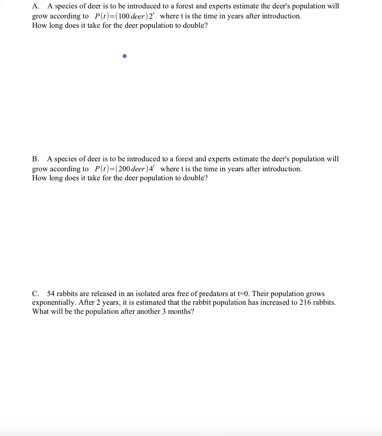To solve this, we want to start with the original equation. P(t) = 100 times 2 to the t. And we'd now like to realize that 100 deer is the initial population at time 0.